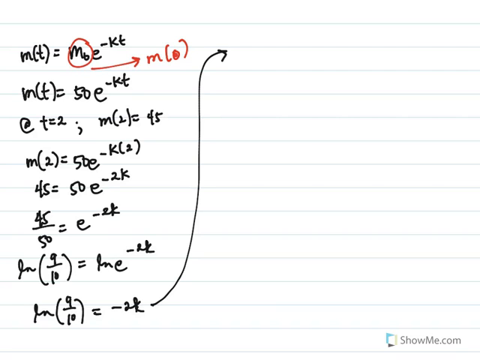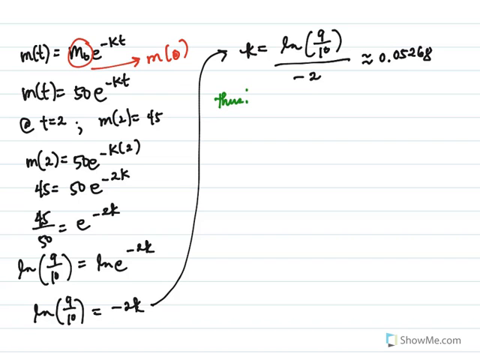So we have here k equals ln of 9 over 10 divided by negative 2. So that's approximately 0.05268. Thus, m of t is equal to 50 e to the negative 0.05268 t. So that's the amount remaining at any time t.